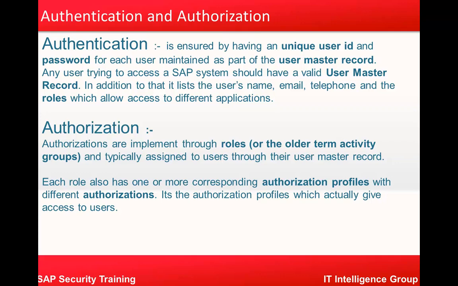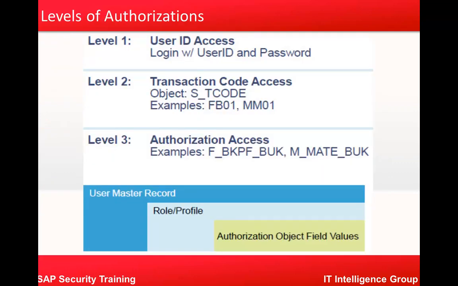So these are the two most important terms in SAP security: authentication, which is giving access to the user to connect and log into the system, so the person is authenticated to log in, and authorization, which means being allowed to perform transactions.